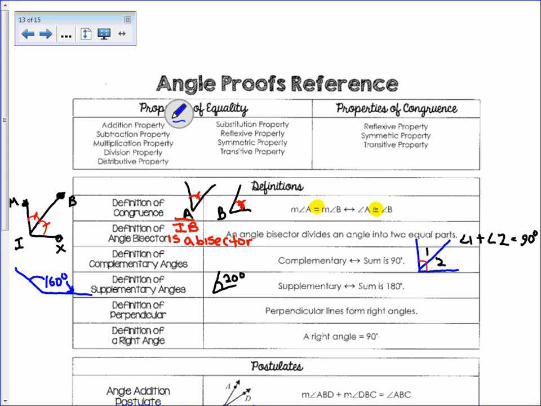Well, a 160 degree angle, my blue angle, plus my 20 degree angle, equals 180. Let's call this angle B, and we're going to call this angle A. So basically, angle A plus angle B equals 180 degrees. They are supplementary. You put them together, you can make a straight line.